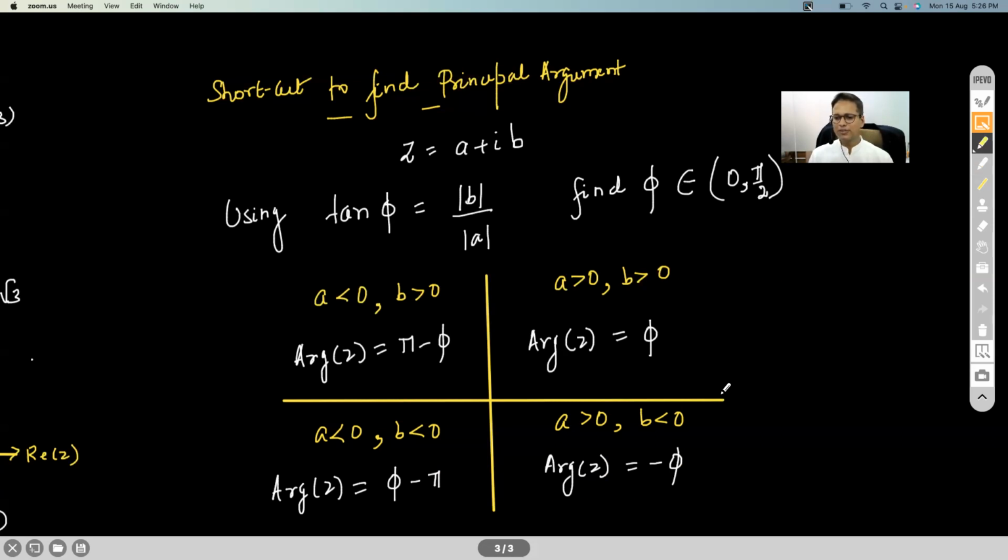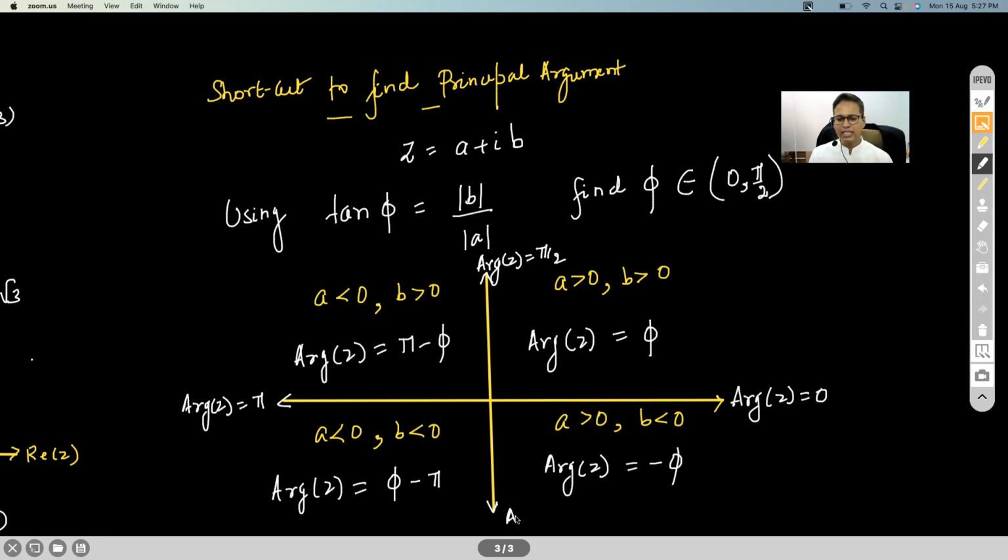Now, what if your complex number falls on the positive real z-axis? Then your argument will be 0. If it falls on the positive imaginary z-axis, then your argument will be pi by 2. If it falls on the negative real z-axis, your argument will be pi.